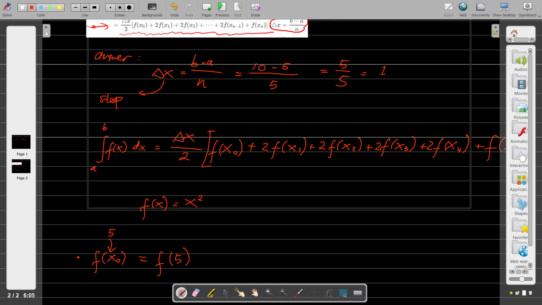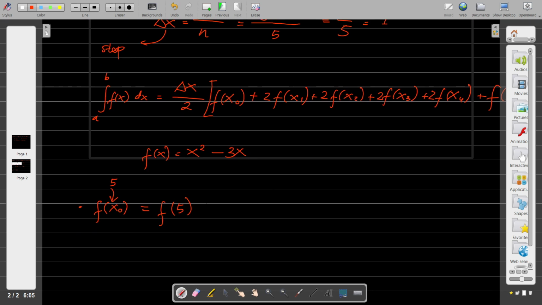So when the value of x equals 5, our calculation will be x to the power of 2 minus 3x. So it will be 25 minus 15. Let me check first. So it is 25 minus 15, so it must be 10.